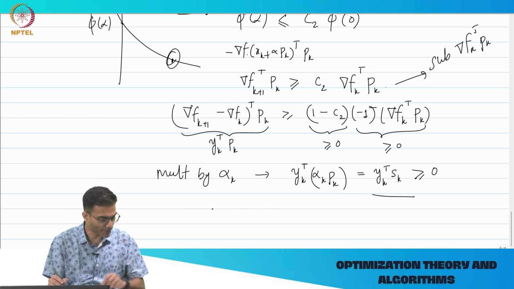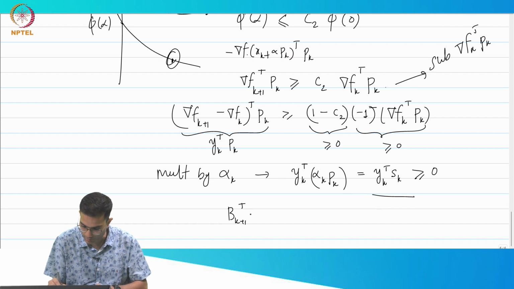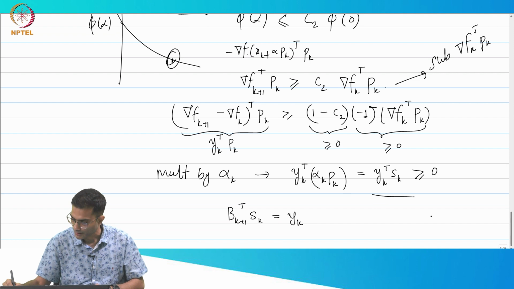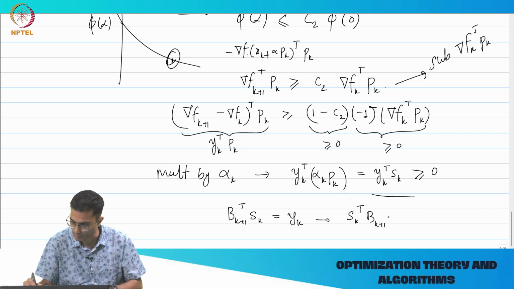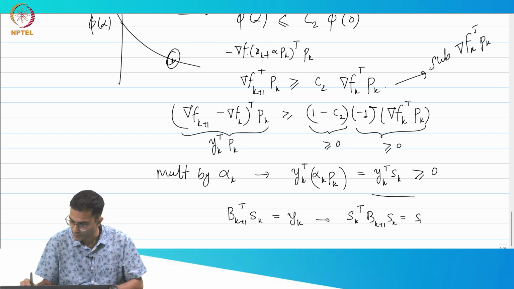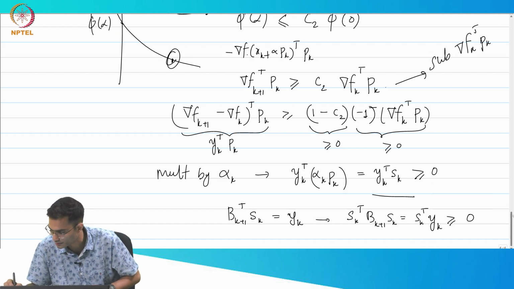So the secant equation was bk plus 1 sk is equal to yk, right? And then when I left multiplied by sk transpose, I got sk transpose bk plus 1 sk is equal to sk transpose yk, and we just showed that this is greater than 0.